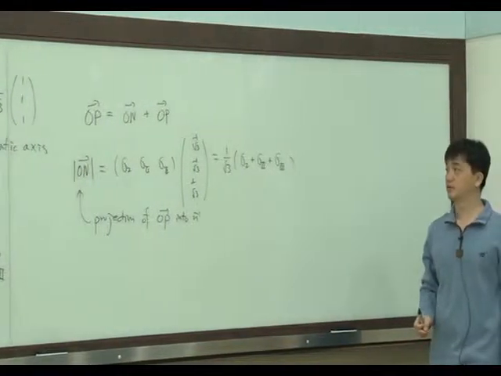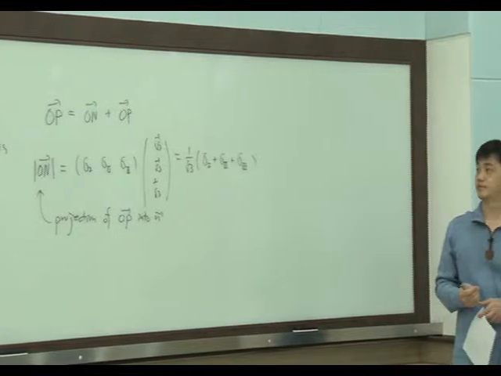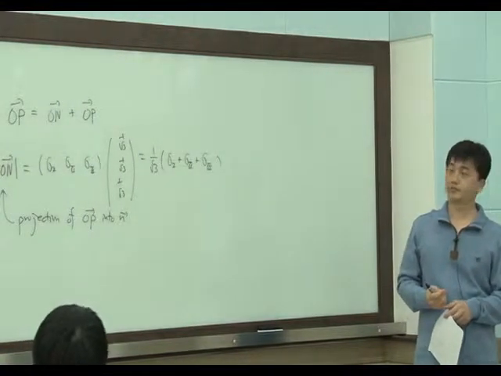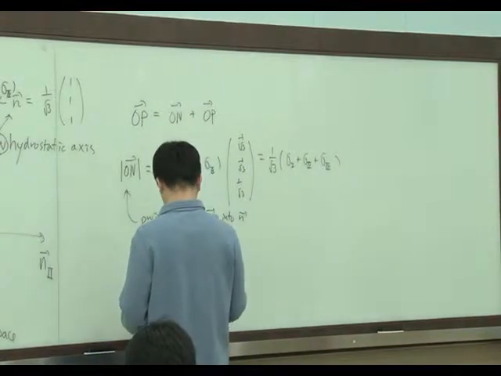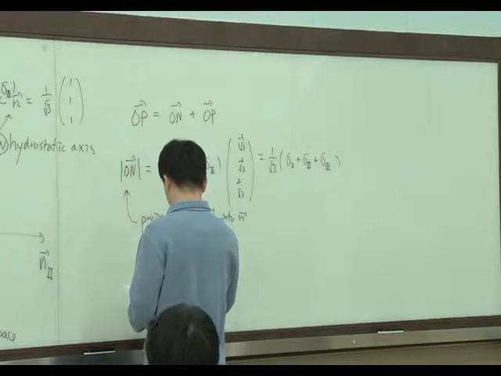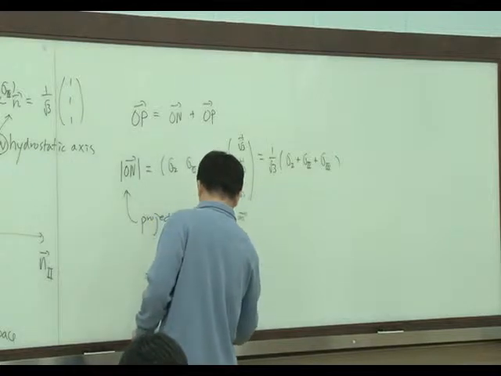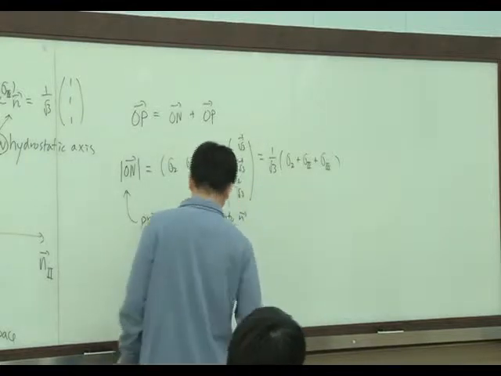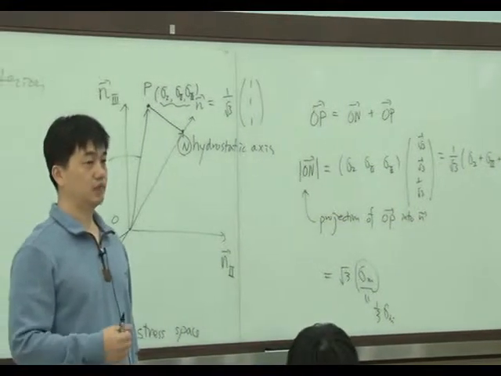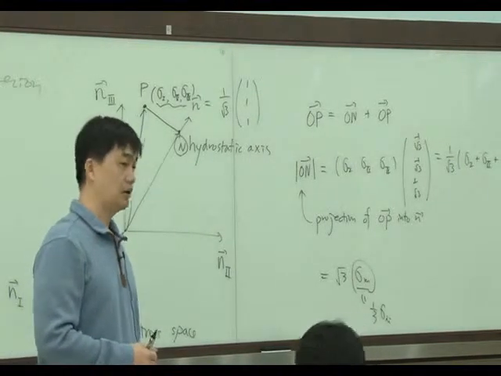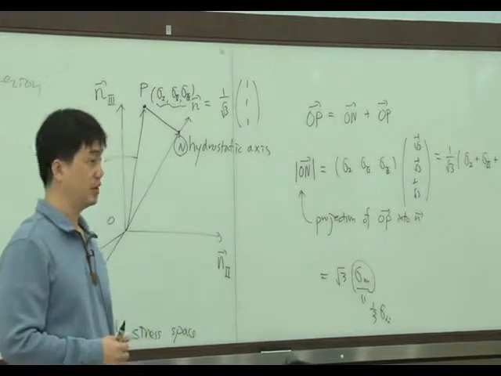This is the magnitude of the vector ON, and this becomes root 3 sigma m, where sigma m equals 1 over 3 sigma ii, right? So ON means the hydrostatic part, okay?